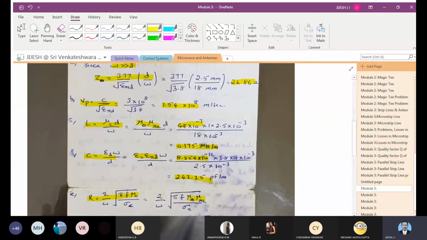So you can see that C is 242.25 picofarad per meter.